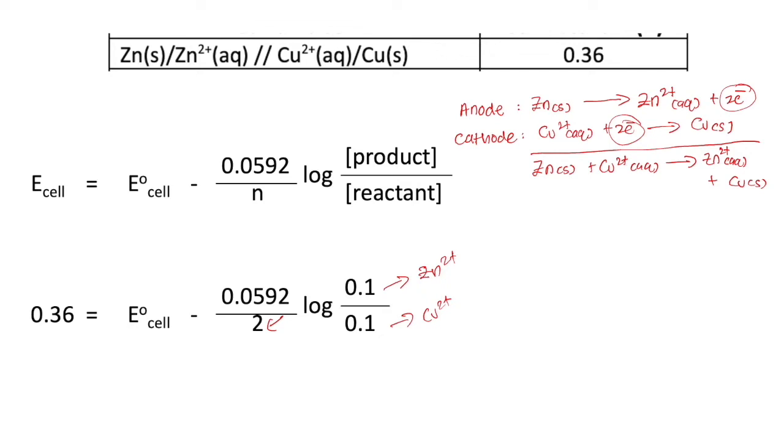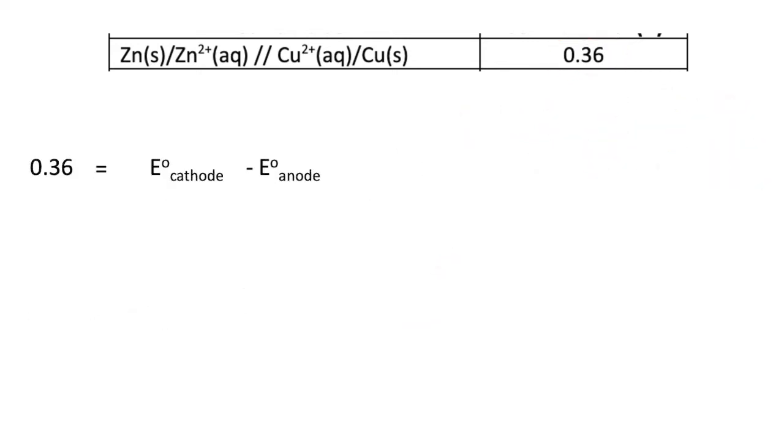Don't forget ini kita punya 0.36 yang ini ya. So bila kita kira ini, dia hanyalah 0.36 equals E naught cell, sebab the rest dah darab kosong, dia jadi kosong. So dia akan jadi E cell sama dengan E naught cell.